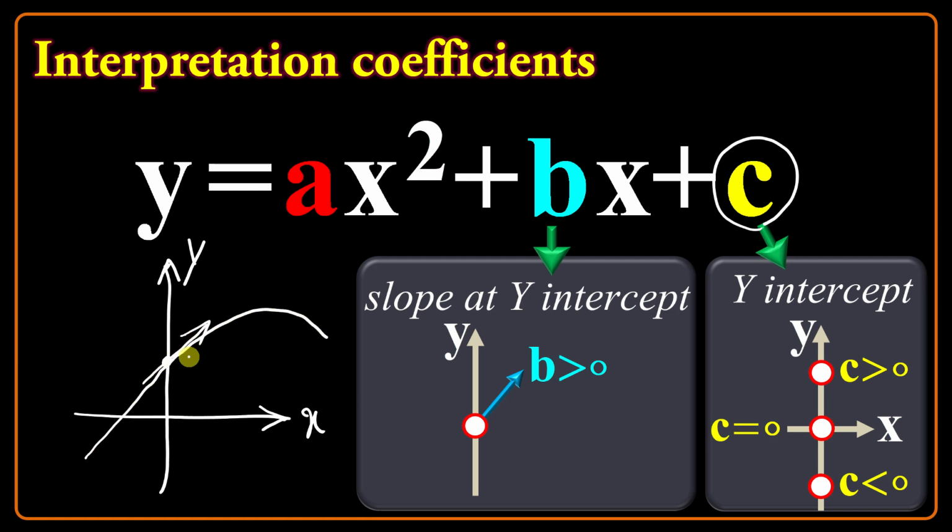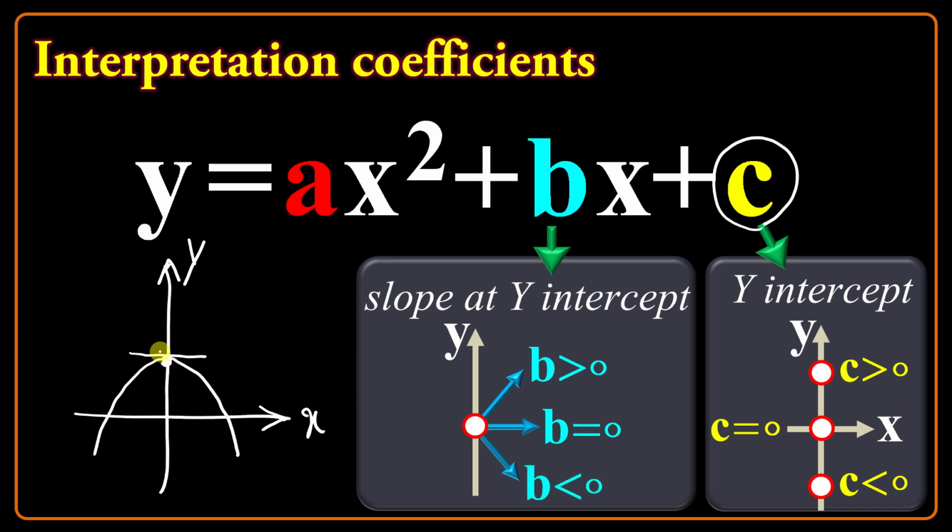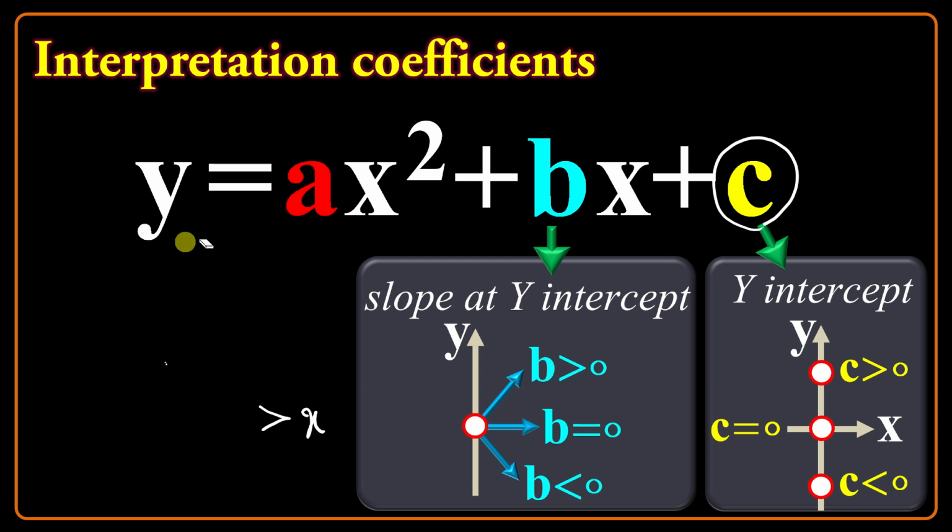If b is 0, the vertex of the parabola is exactly on the y-axis, something like this, because at the maximum or minimum point there is no slope. So the slope is 0 at the crossing point with the y-axis. Or if b is negative, the parabola crosses the y-axis while decreasing with negative slope. So the interpretation of b is the slope at the y-intercept.